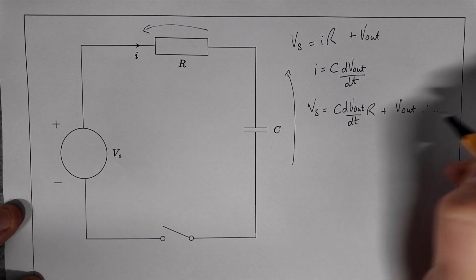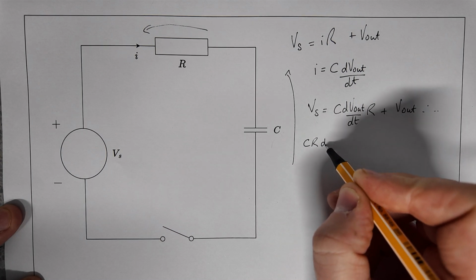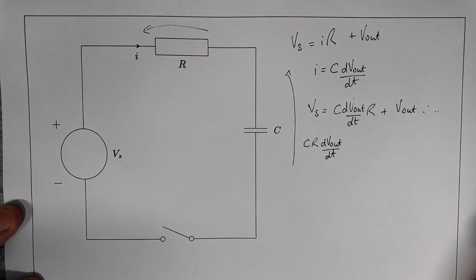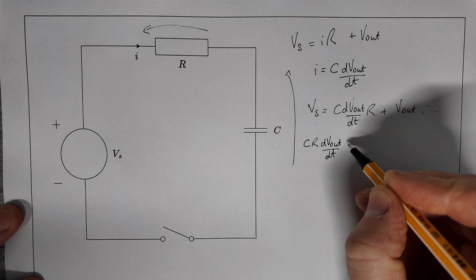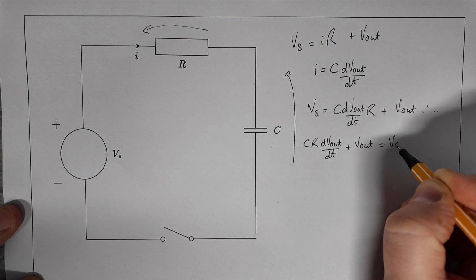So just rearranging that ever so slightly, we can write CR dV out by dt plus V out equals Vs.